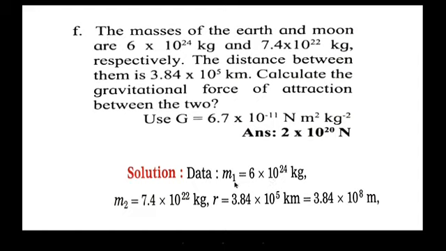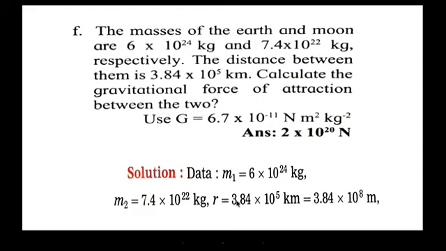That means m1 we take as the mass of the earth, and m2, the mass of the moon, is 7.4 × 10^22 kg. Radius r, the distance between the earth and moon, is 3.84 × 10^5 kilometers. Now here we have to convert kilometers into meters.